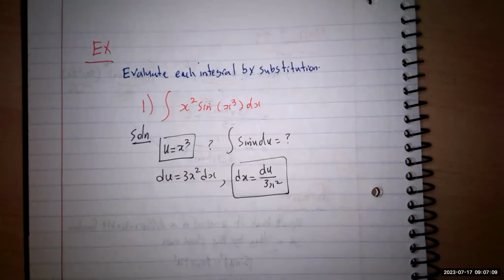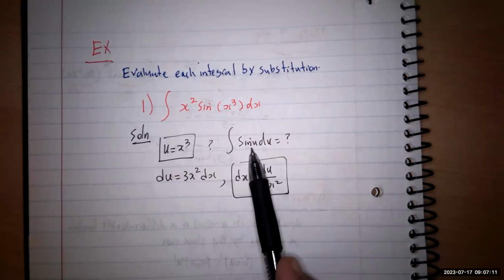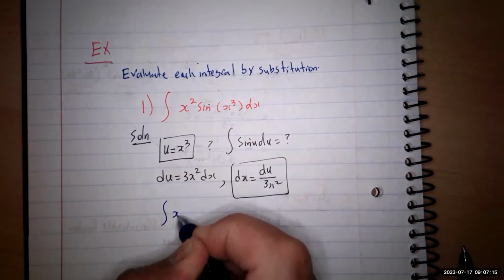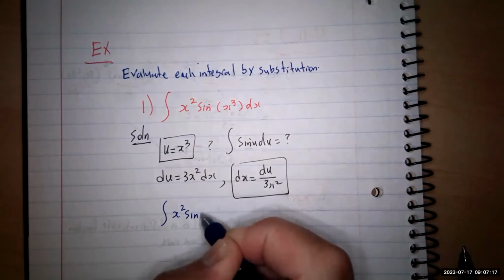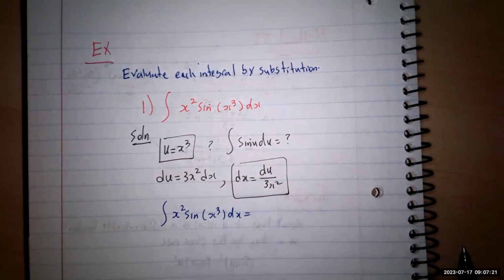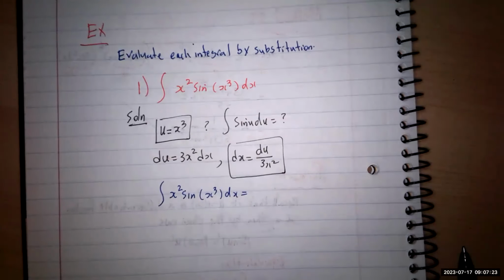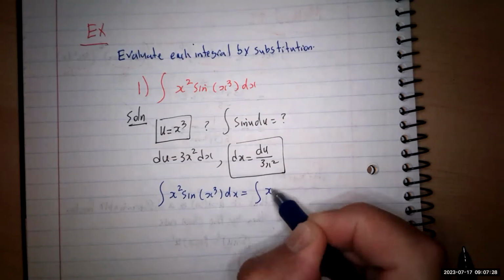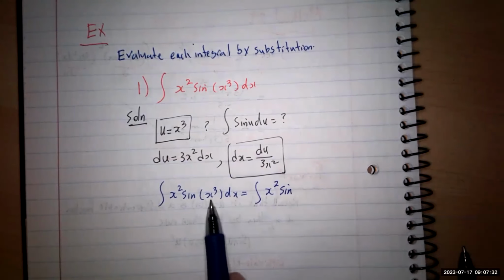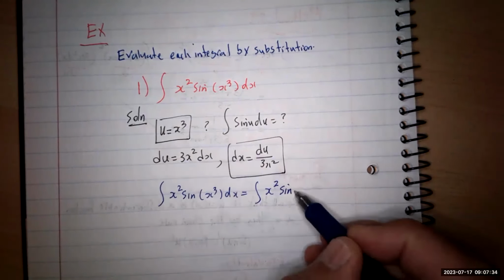Okay, so you go back and substitute, and you must get the target. So originally, x squared sine of x cubed dx equals, you don't have anything to substitute for x squared, no worry. x squared sine of, but x cubed is your u, so it's going to be u.